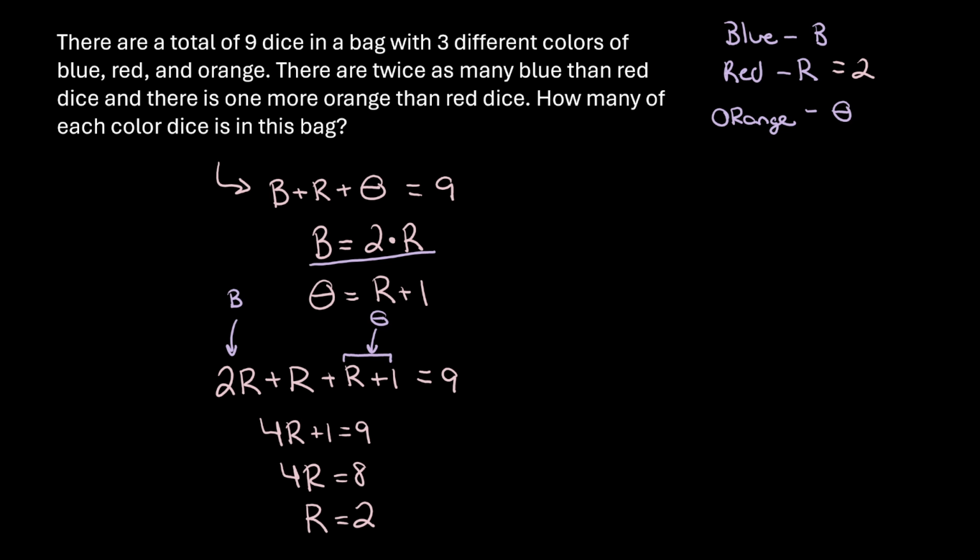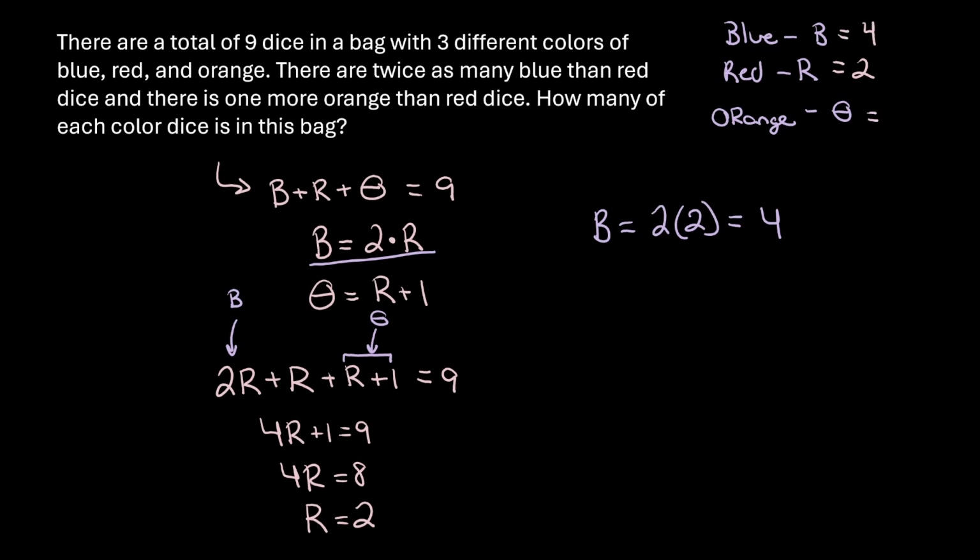Now, there should be certain equations that will make it very easy to solve for blue and theta, or a combination of the two if you have to do another addition of the equation. But if you look at just blue, blue is equal to 2 times R, so R is equal to 2. So there has to be 4 blue dice in this bag.